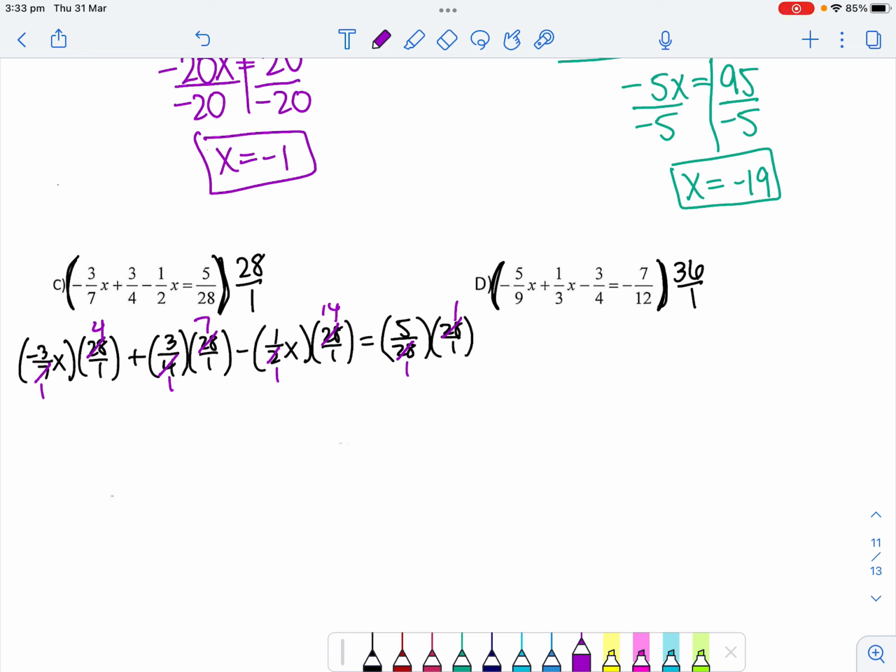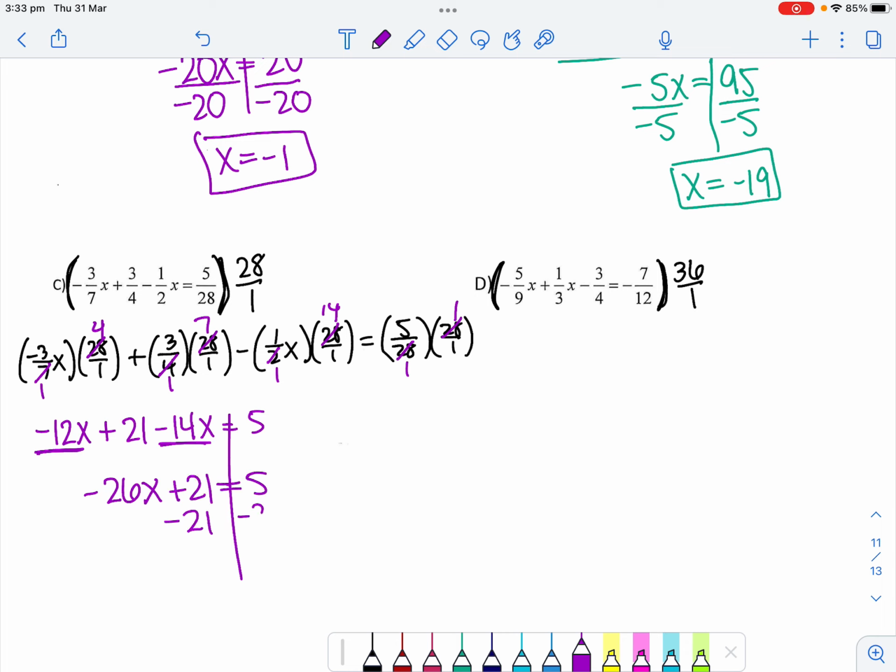So 1 and 4, 1 and 7, 1 and 14, 1 and 1. And I am left with negative 12x plus 21 minus 14x equals 5. Just by clearing those fractions, I make it look a little bit more manageable. I'm working with all those whole numbers now. So negative 12 and negative 14 is negative 26x plus 21 is equal to 5.